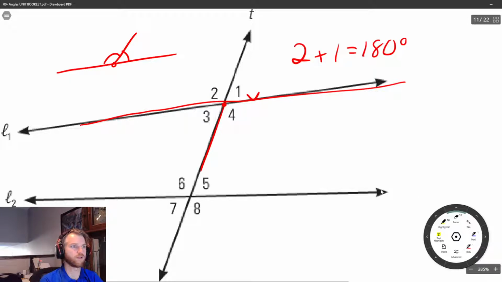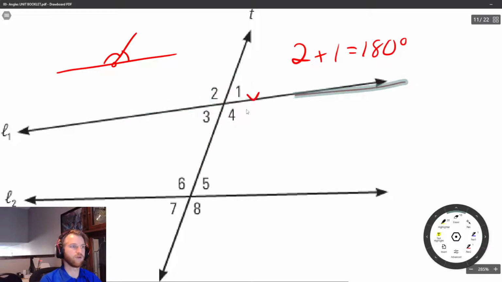Okay, if we think of this kind of upside down, sometimes it can even help to turn your paper to help you make a line flat or just give you a different perspective on it. But if I think of it as going from here to here is a straight line that's going to be 180 degrees and it's being split, then this and this angle have to add up to 180. And you can keep going with this.